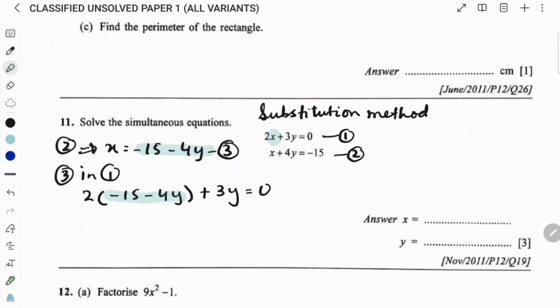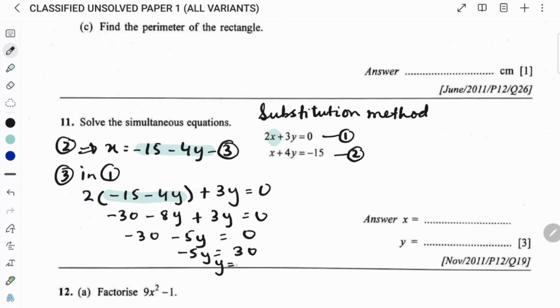Now 2 times minus 15 is minus 30, minus 8y plus 3y equals 0. Minus 8 plus 3 is minus 5y, so minus 30 minus 5y equals 0, minus 5y equals positive 30, and y is equal to 30 over minus 5, which is minus 6. 5 times 6 is 30, so that is minus 6.